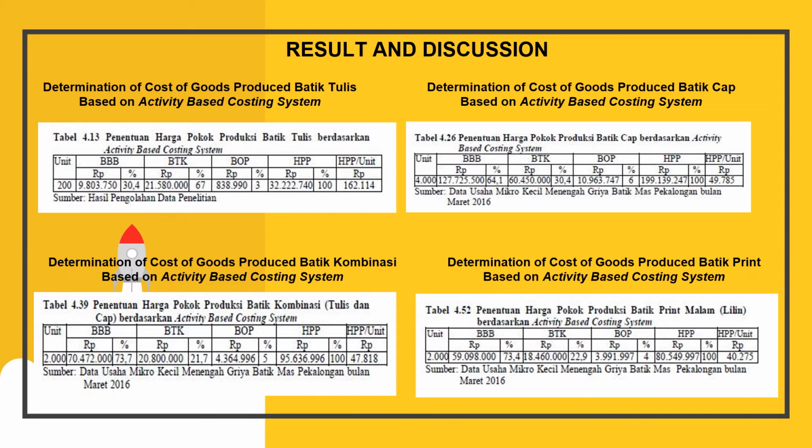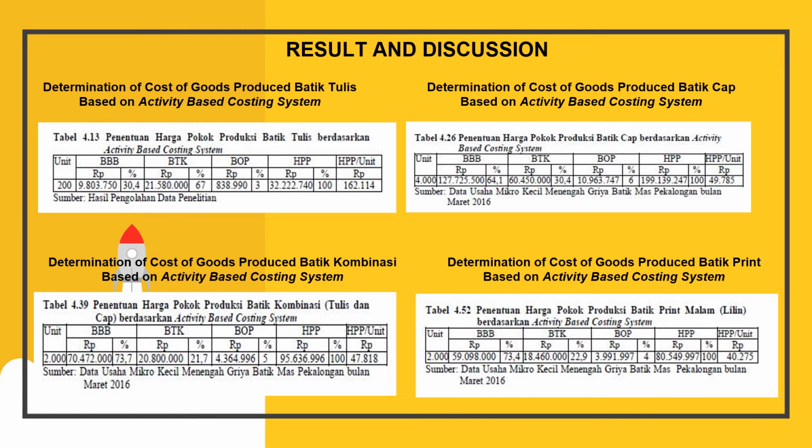And then in table 4.26, the result of determination of cost of goods produced for the cap based on the activity-based costing system is about 49,785 rupiah.